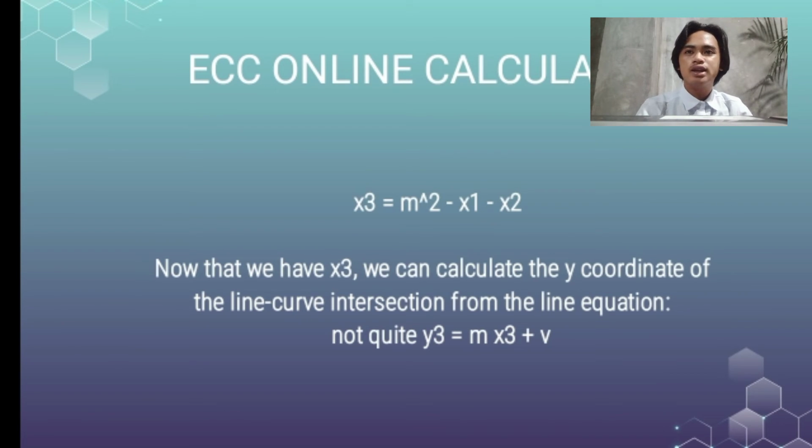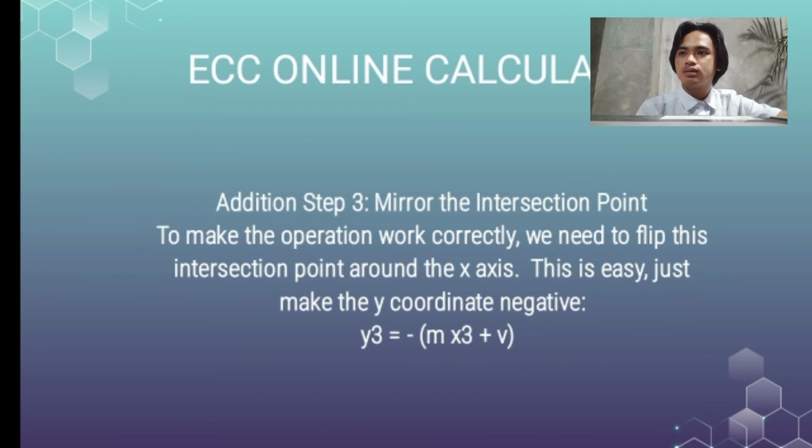Now that we have x3, we can calculate the y-coordinate of the line-curve intersection from the line equation. y3 is equal to m x3 plus v. Addition is step 3. Mirror the intersection point. To make the operation work correctly, we need to flip this intersection point around the x-axis. This is easy.